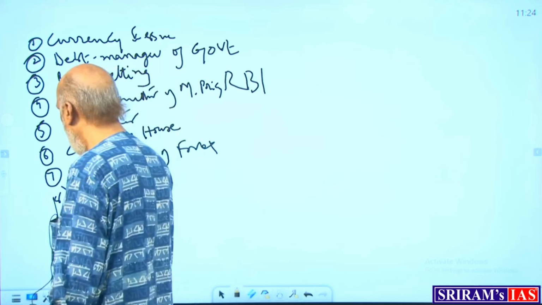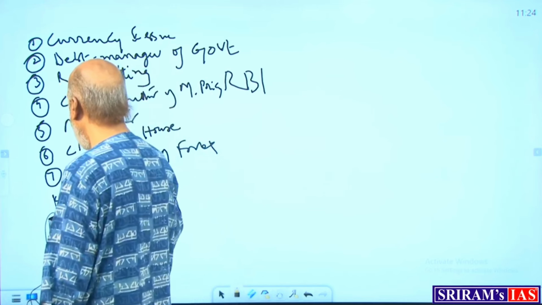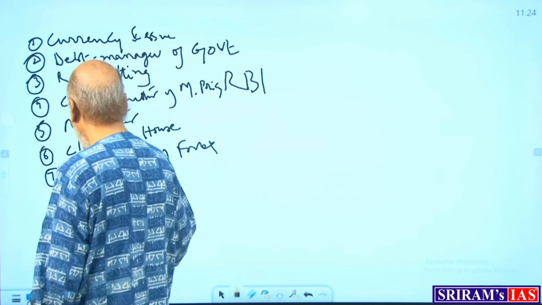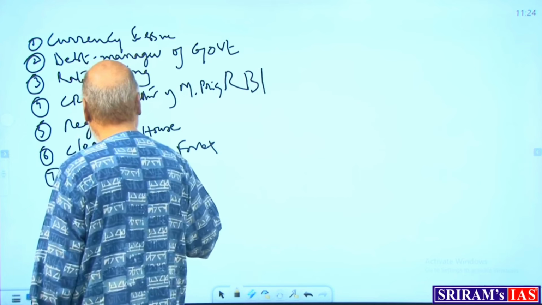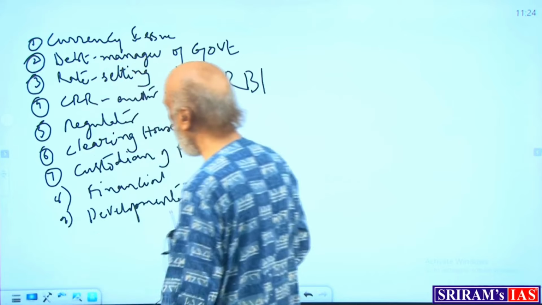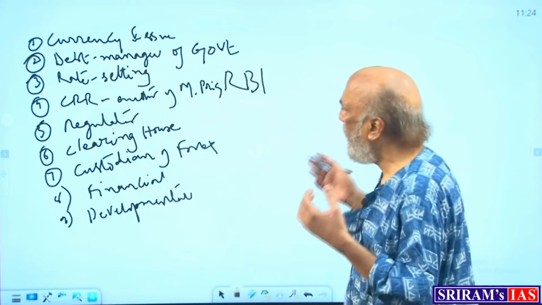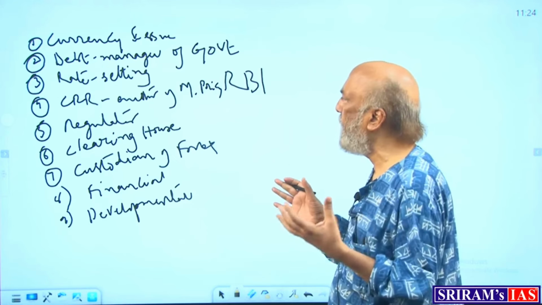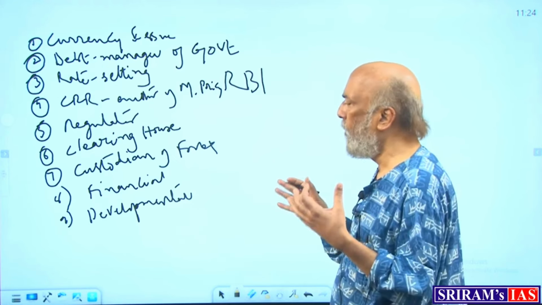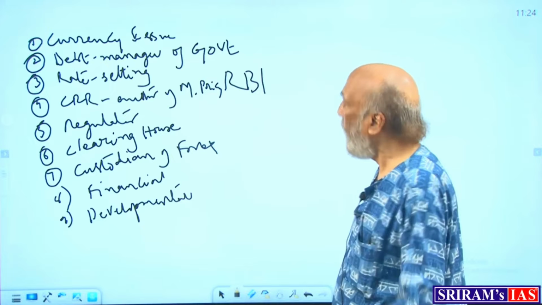And then RBI also has developmental role. It will ensure that MSMEs come up, and so on and so forth. All this the RBI does, and now you will see all this in a graphic, which is a hangover from the day before.